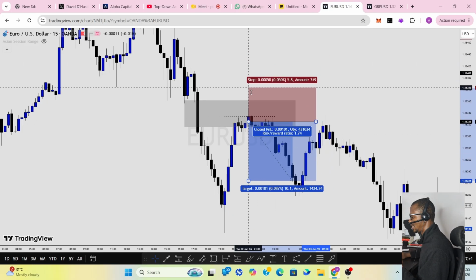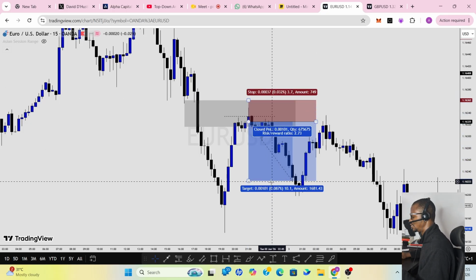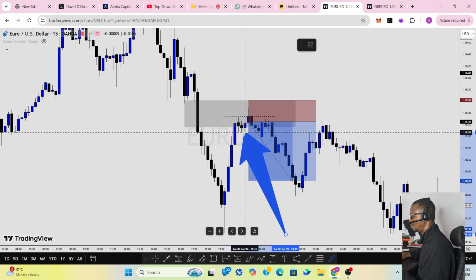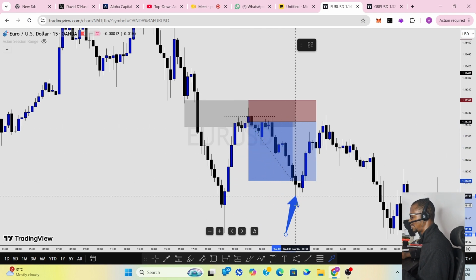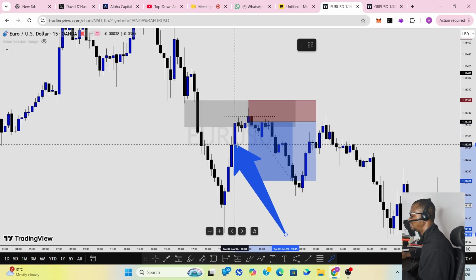You understand? Although you may have a little up and down movement at that level, at least it will eventually go and tap into your TP, because of course you have another confirmation here. You understand? Look at this massive imbalance as well. So what this imbalance is equally telling you is that price will likely price into it, and price did exactly just that. So you have different confirmations.